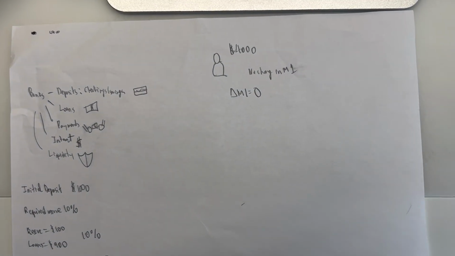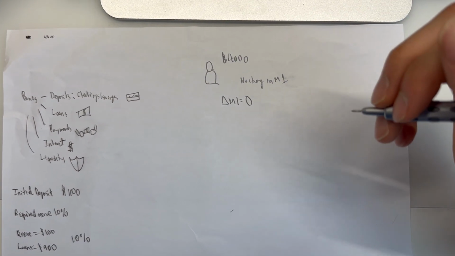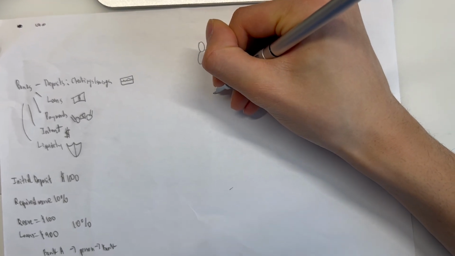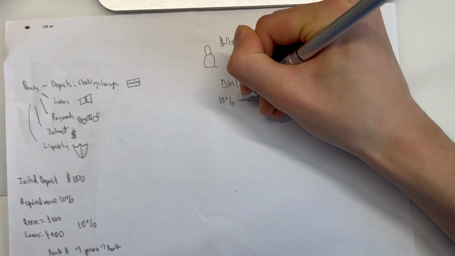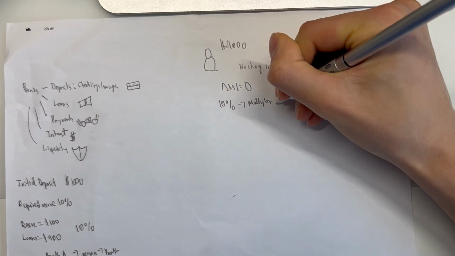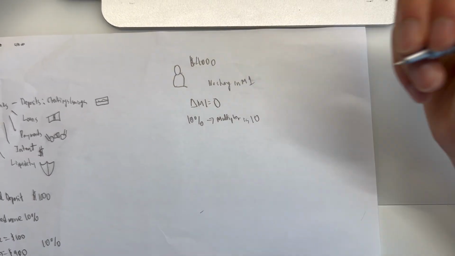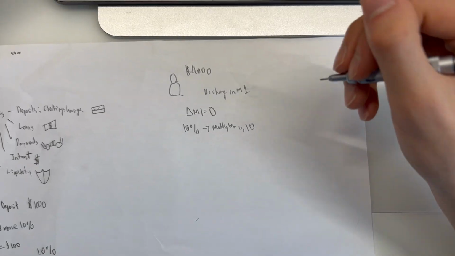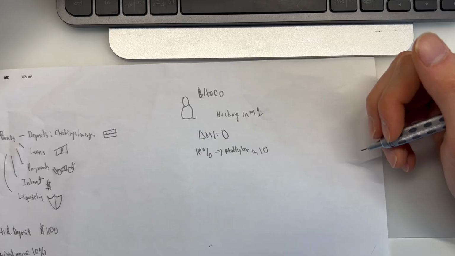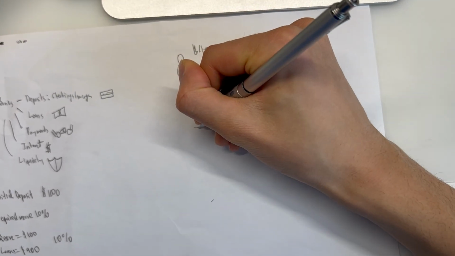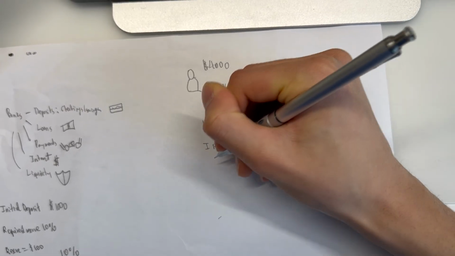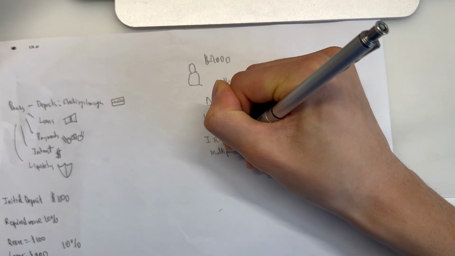But part B, where we have to find the maximum change in money supply, again, the reserve ratio is 10% here, which basically means that the multiplier will be 10, because the withdrawal reduces reserves. So the initial withdrawal is $4,000, and the multiplier is 10.